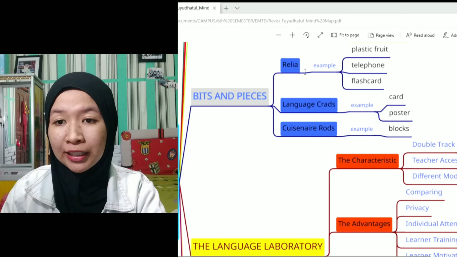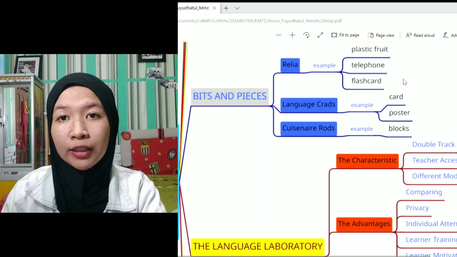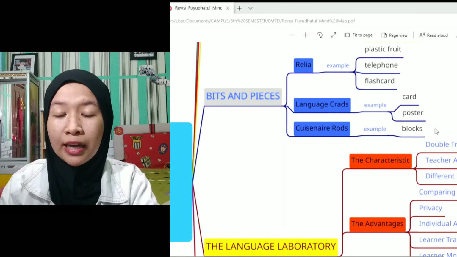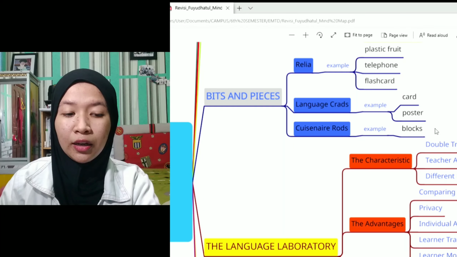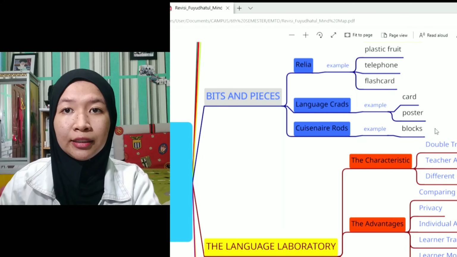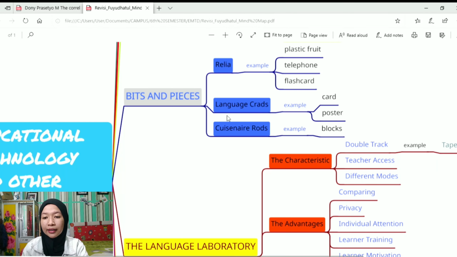The first is realia. For example, plastic fruit, telephone, and flashcard. It's useful in teaching to explain to children to understand a new word. And the second kind is language card.